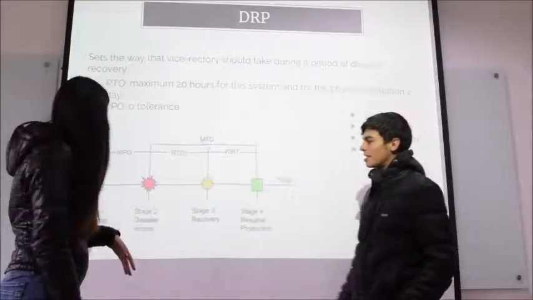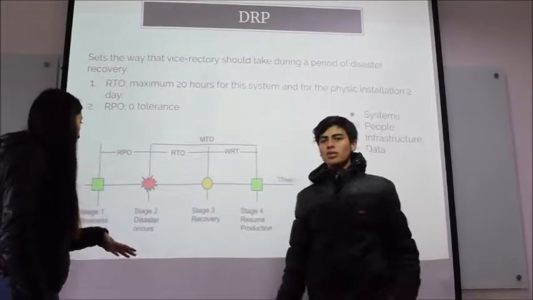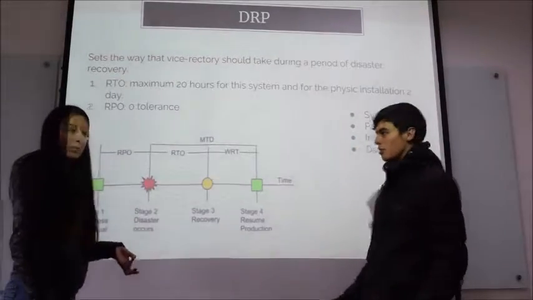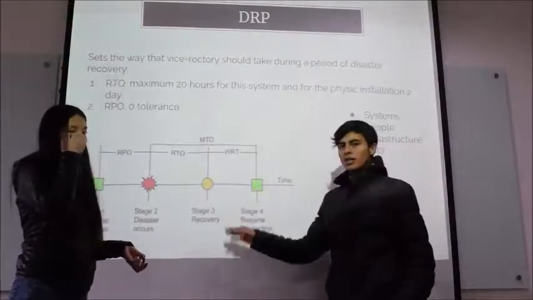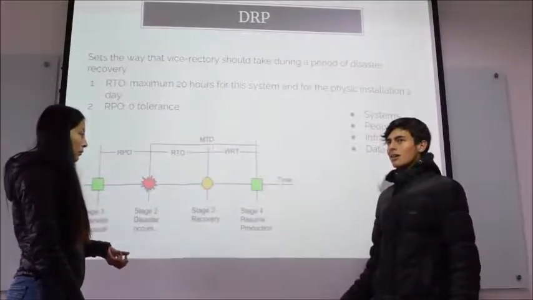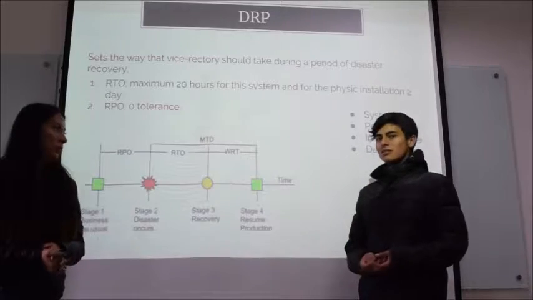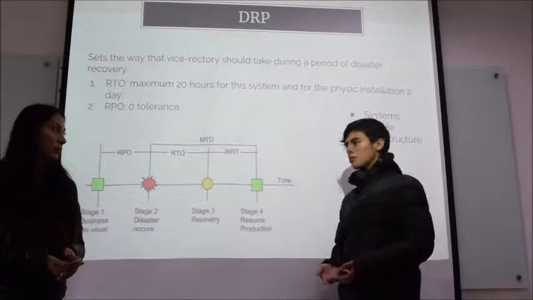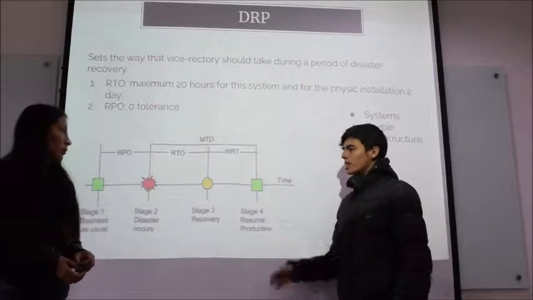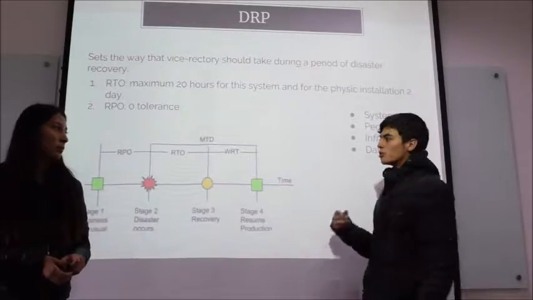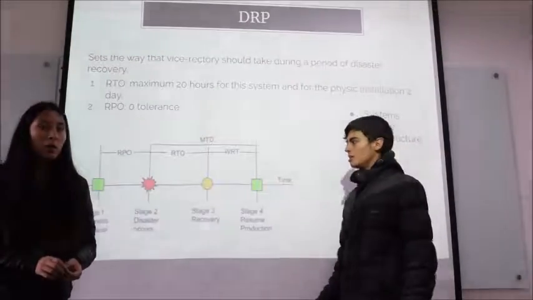The second one is when the disaster occurs, when something happened, that in this case is the flooding of the library. The third one is the recovery of that issue, but the processes can't be done as usual. And the final one is when the library is restored to the initial stage.